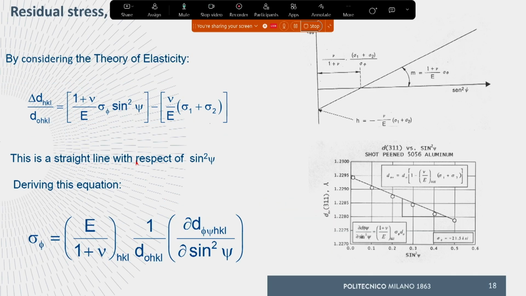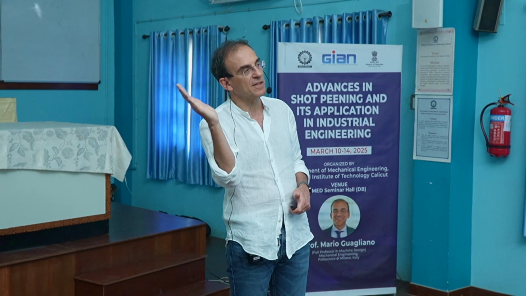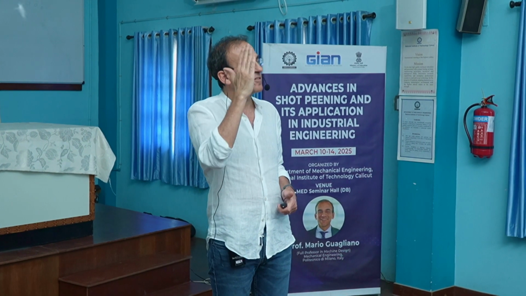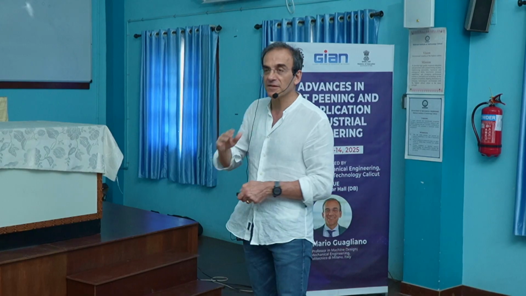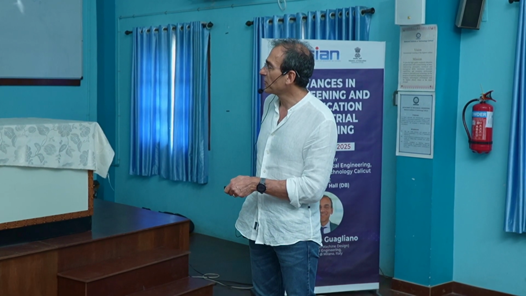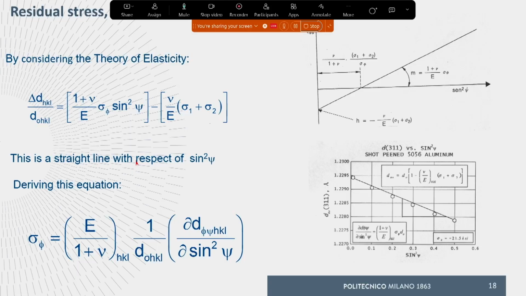And so, what can we see here? The angle that appears here is psi. And psi, we define also as the angle we are turning the collimator. It's the same angle. So if we change psi by turning the collimator, we should obtain sigma phi.